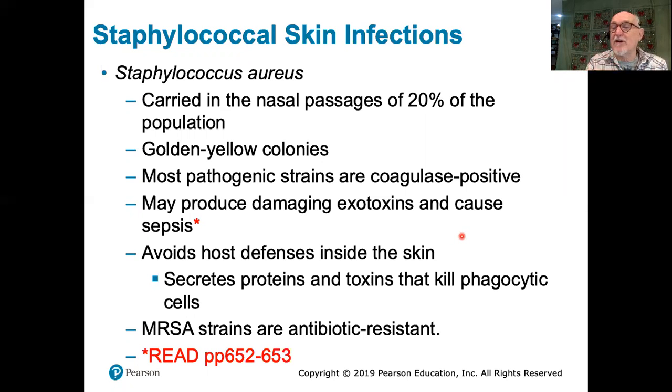They secrete many different substances and are actually quite skilled at evading the immune system. For example, they secrete toxins which kill phagocytic cells, preventing them from combating the bacterium. Now, there's a major problem with Staphylococcus aureus, and that is that many of the strains of Staphylococcus aureus have developed very powerful resistance to antibiotics.